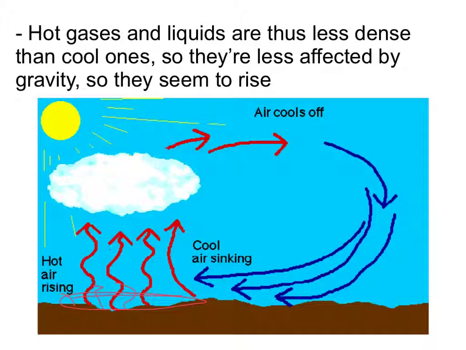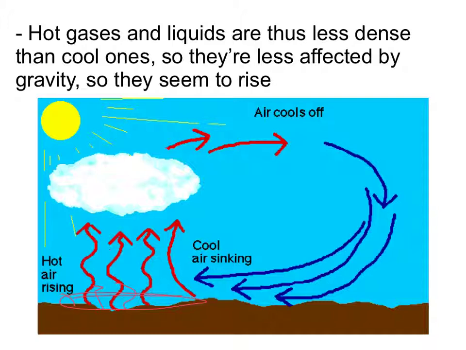So if the air is really hot and its hot particles need a lot of space, it's not going to be dense, and so it's less affected by gravity. Gravity works strongest on the more matter there is, the stronger the attraction of those particles to other particles is. So non-dense air seeks to rise.